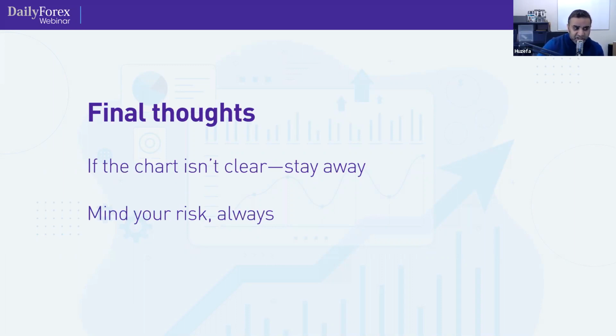Depends on your strategy, but ideally you always want your reward to be at least 1 unit or greater than the value of your stop loss. And the other thing to do when you're minding your risk is don't put too much capital into a single trade. Decide a percentage of capital you're going to risk on a single trade. It could be 1%, it could be 3%, 2%, whatever it is, and stick to that.